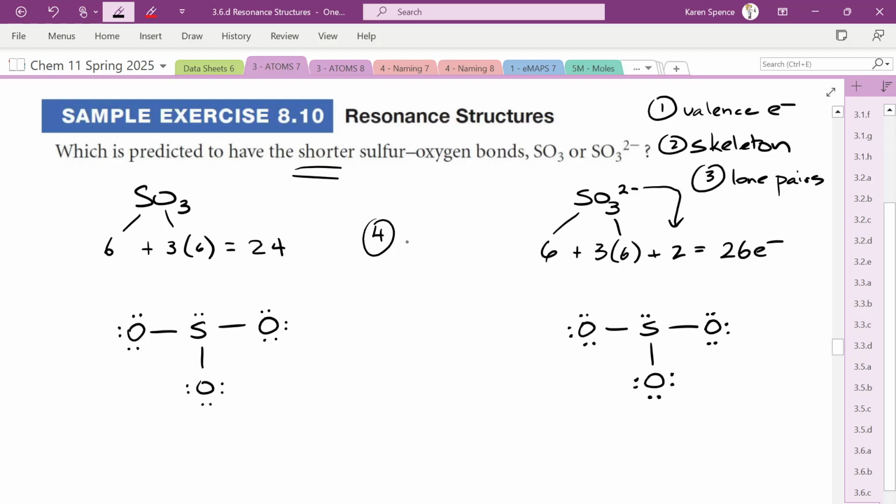Step number 4, count the electrons. 2, 4, 6, 8, 10, 12, 14, 16, 18, 20, 22, 24, 26.